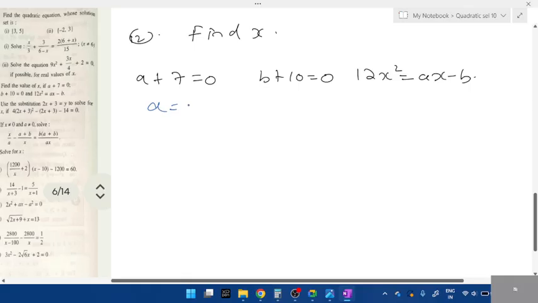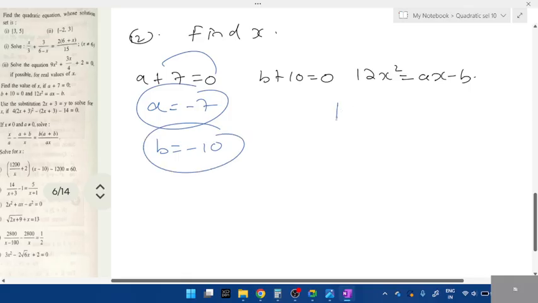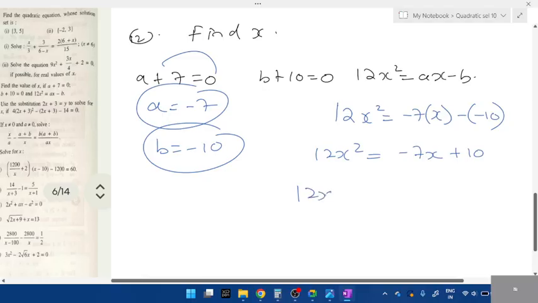A is equal to, and b is equal to. What is a value? Minus 7 into x. And what is b? 12x square minus 7x. Minus into minus is plus. 12x square minus 7 becomes.